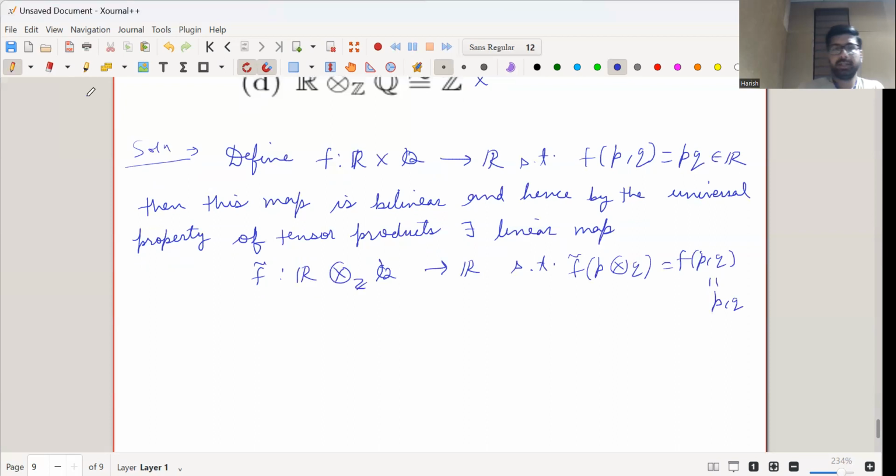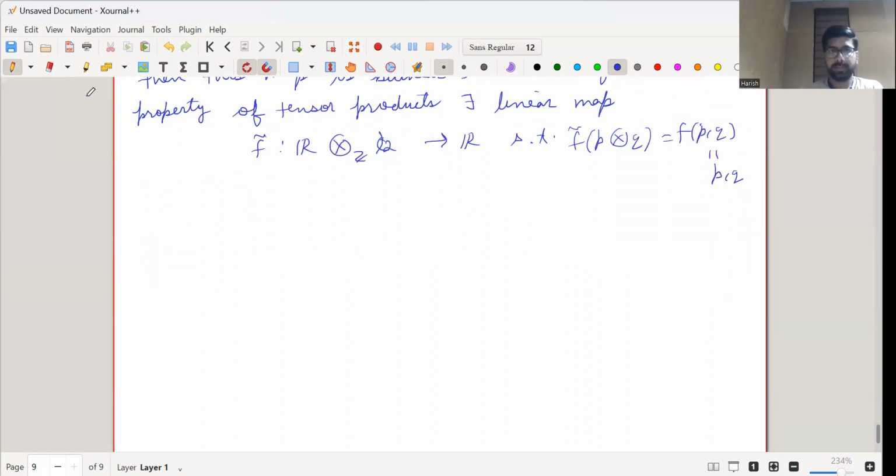You can also see this by the map. So you have from R cross Q to R the map f, which is a bilinear map.